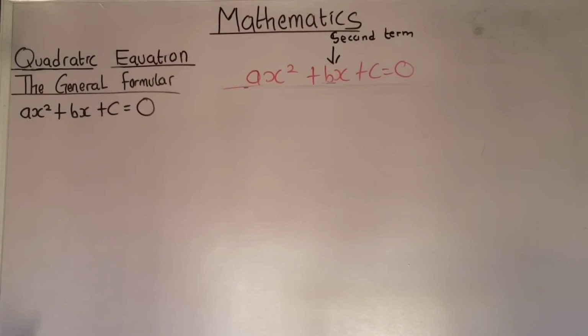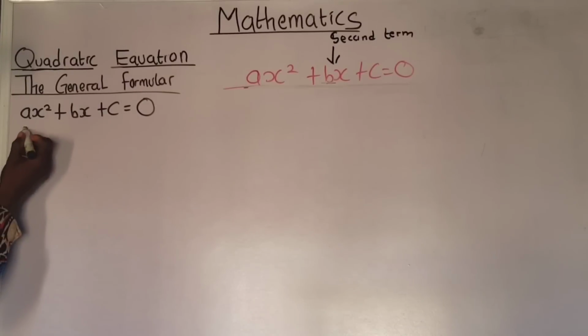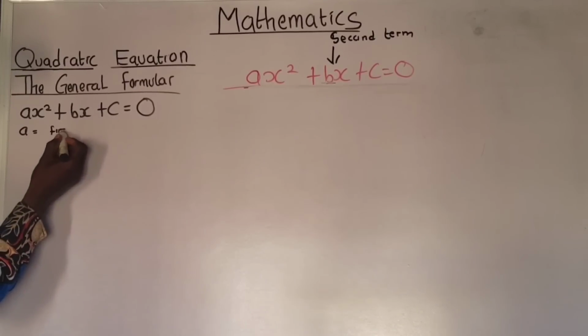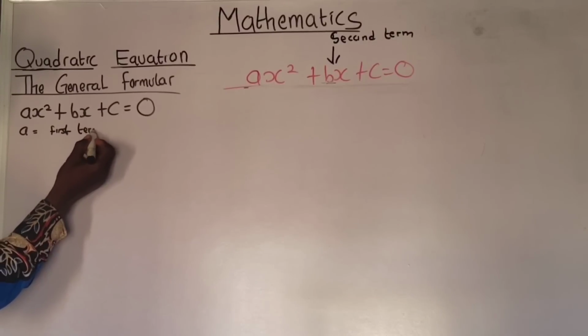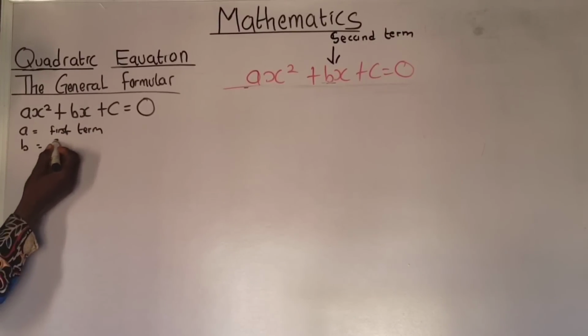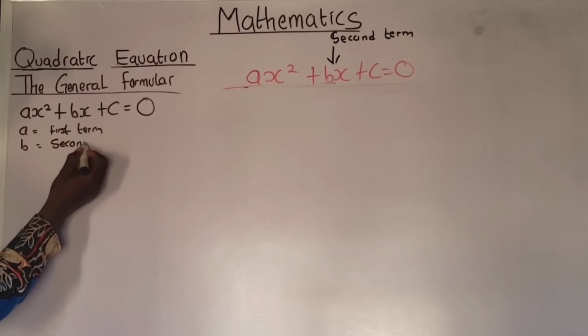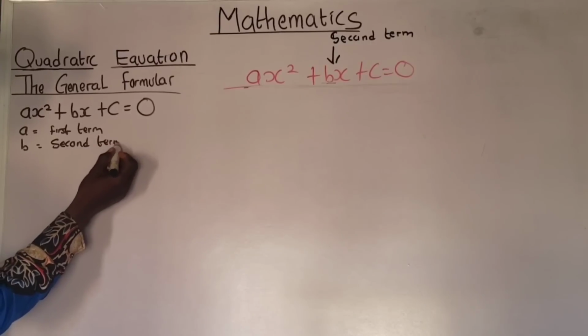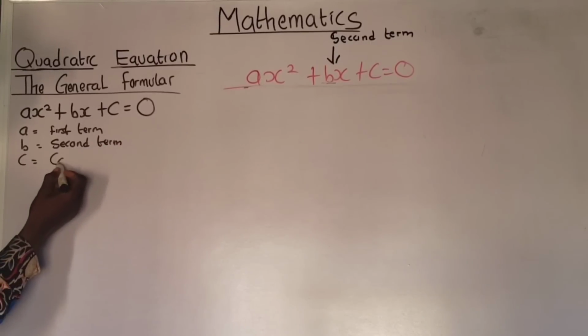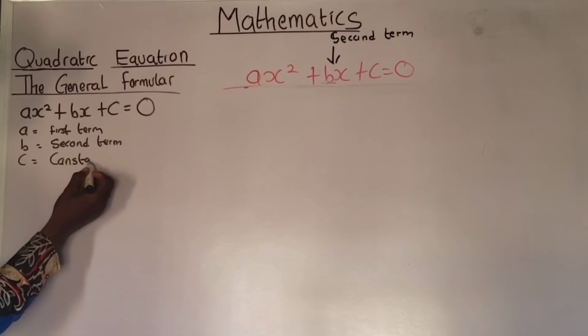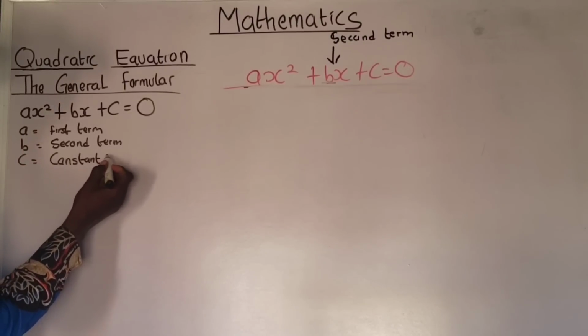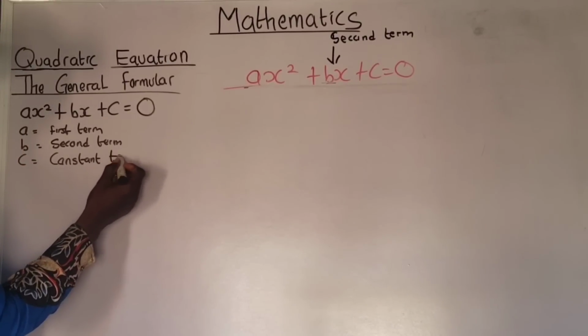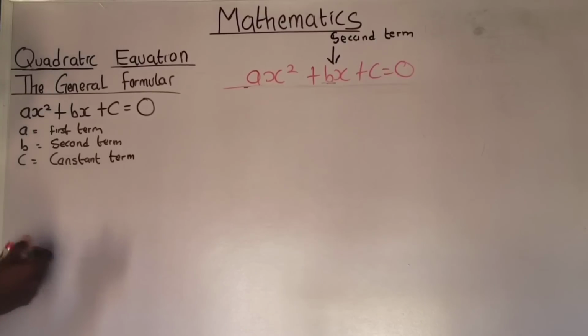In this quadratic equation, a is the first term, b is the second term, and c is the constant term, the term that doesn't have any unknown attached to it. In some textbooks, you will find it as the third term.